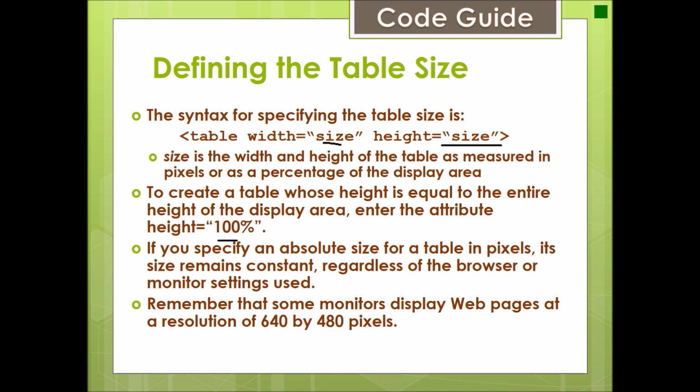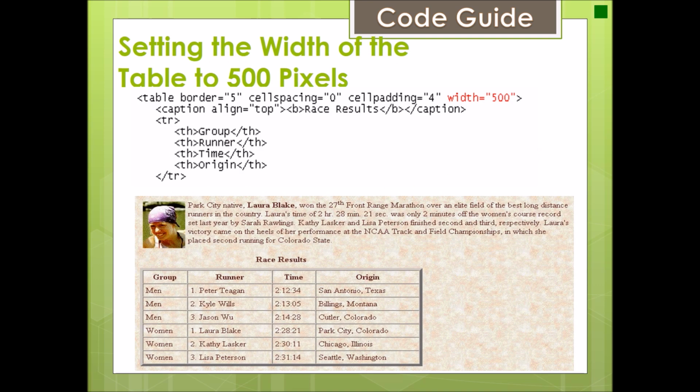If you specify an absolute size for a table in pixels, the size remains constant regardless of the browser or monitor setting. Remember that some monitors display web pages at a resolution of 640 by 480 pixels, so adjust your size accordingly. This is an example of setting the table width to 500 pixels.